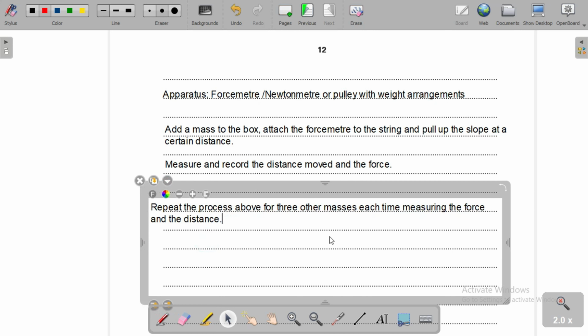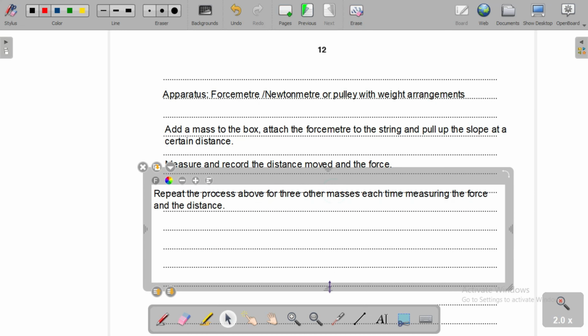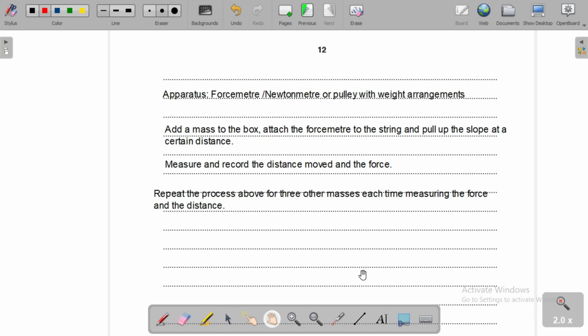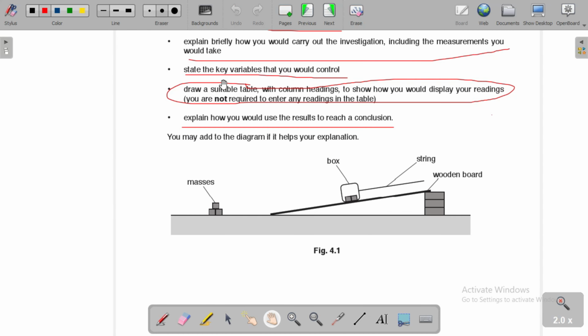Okay, let's check the next question there.